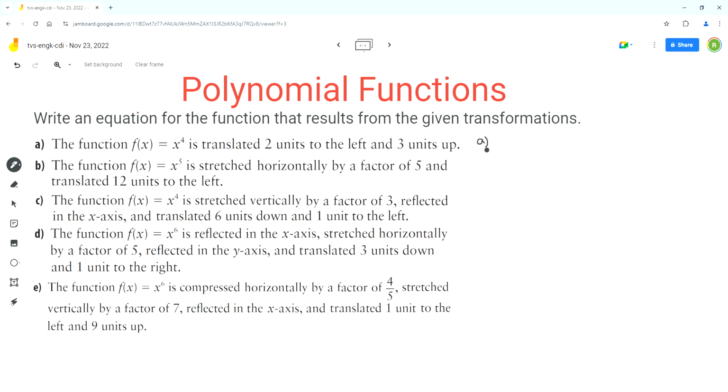In part A, the given function is a quartic function f at x equals x to the power 4, and it is translated 2 units to the left and 3 units up. Let's start by writing the general equation for a transformed quartic function.